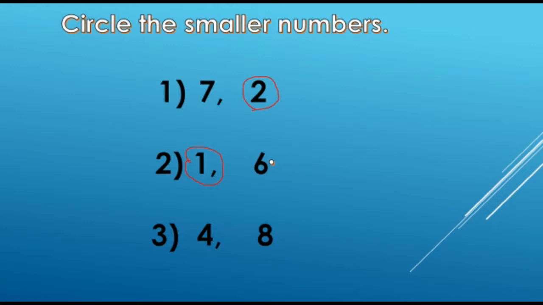My students are very active. Keep it up. So circle the smaller number. Here 7 and 2, 2 is smaller. 1 is the smaller number, and last, 4 is the smaller number. All of you understood? Yes. Very good.